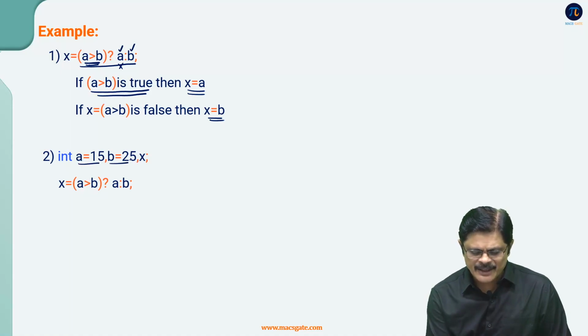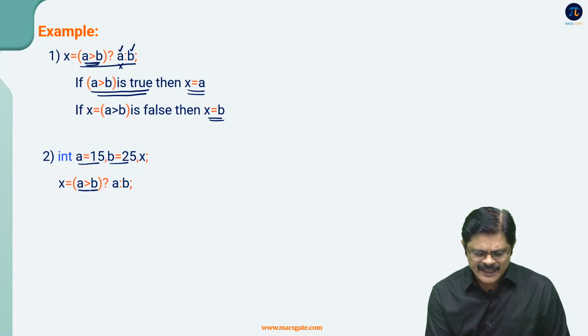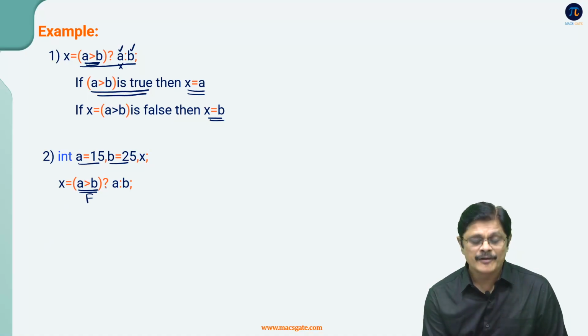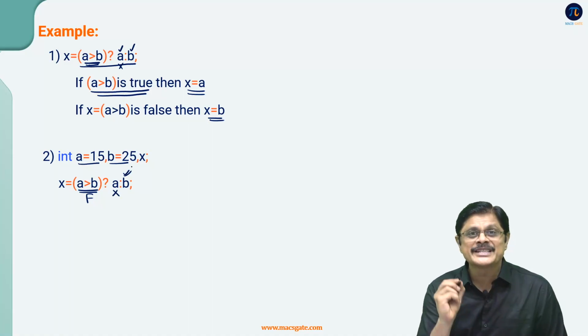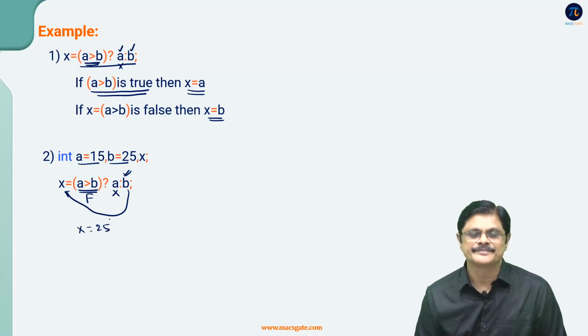A is 15, B is 25 and X is an integer variable. Now, 15 greater than 25 is false. False means expression 1 is ignored, expression 2 is evaluated and that is assigned to X. So X value becomes B, that is 25.